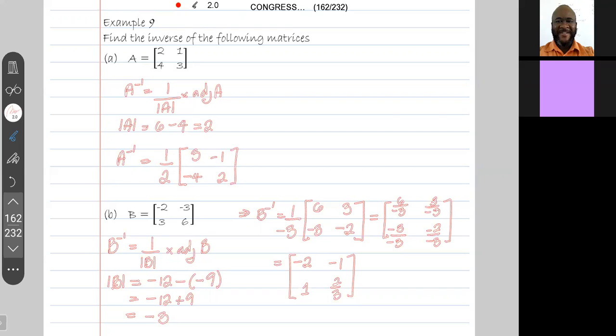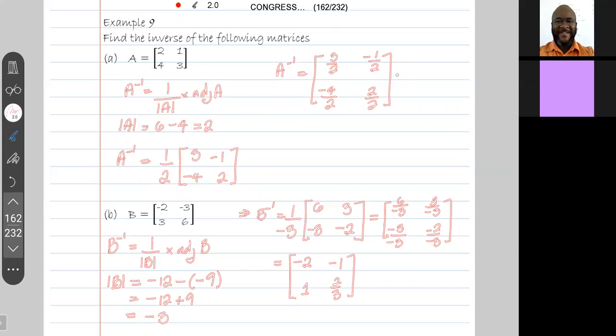Guys, multiplying by a half is the same as saying divide by 2. And so A inverse is 3 over 2, minus 1 over 2, minus 4 over 2, and 2 over 2.